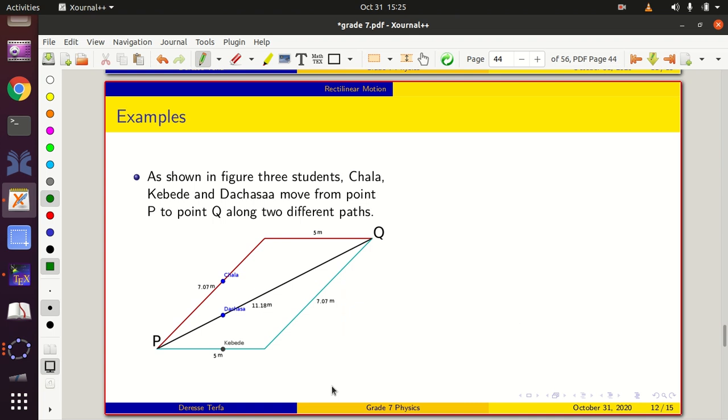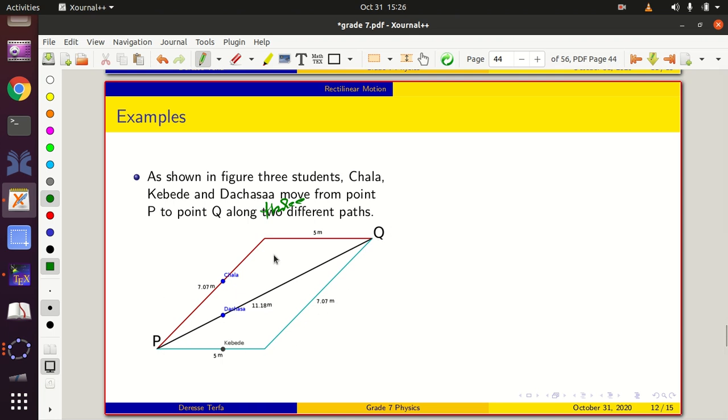Let us come to this example. As shown in the figure, three students, Chala, Kabada, and Dachasa, moved from point P to point Q along three different paths. Chala goes from point P along this path to point Q, Dachasa along this path, and Kabada along this path.